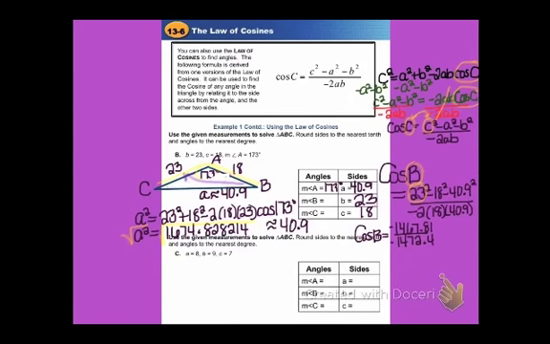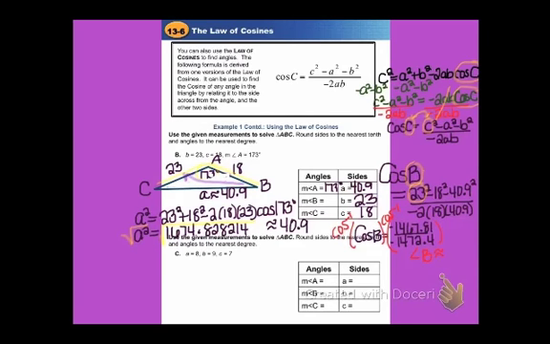So I know my last step is to do the inverse cosine on both sides. If I take the inverse cosine of this side, of course that's going to cancel out the cosine. If I take the inverse cosine of this side, I get angle B to be about 4.52526, and so on. And it's set to round to the nearest degree.